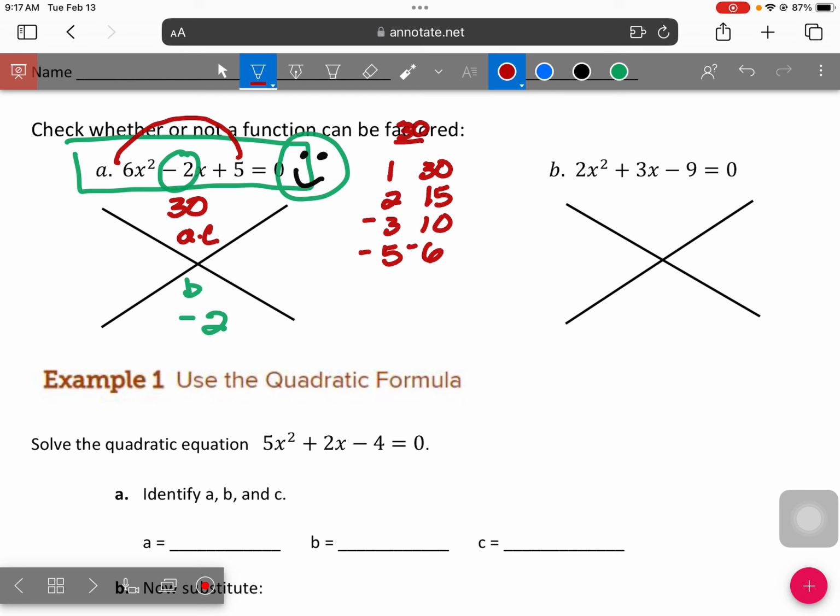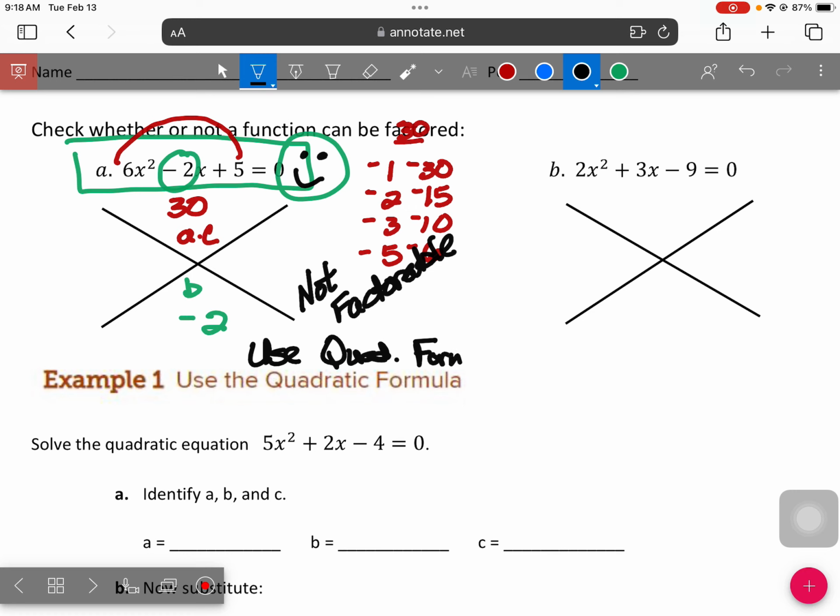I mean, if it's got to be negative, all of these have to be negative because a negative times a negative is a positive. But do any add up to -2? No. So this is not factorable. Not able to be factored. So you would use the quadratic formula here. Not factorable. Use the quadratic formula.